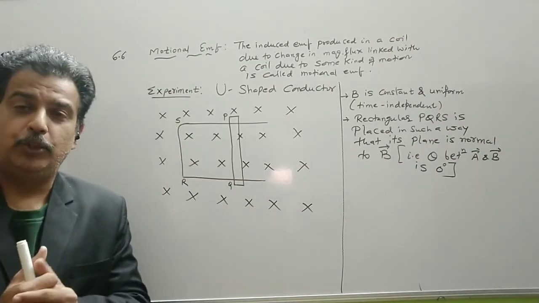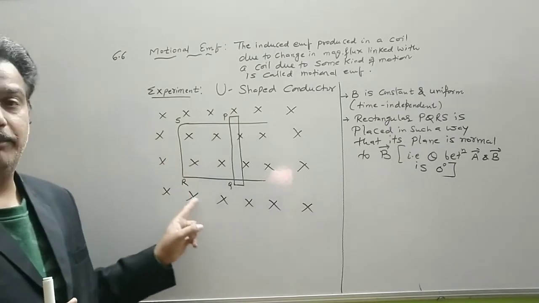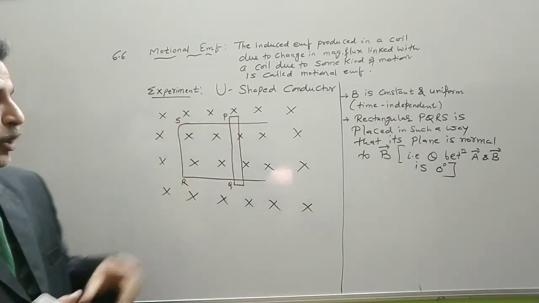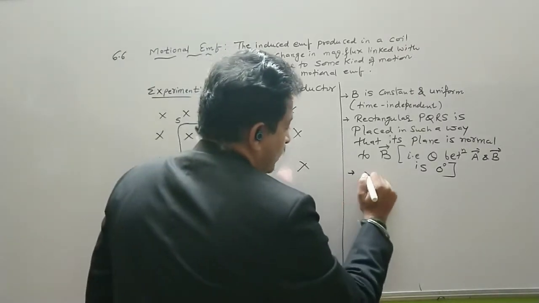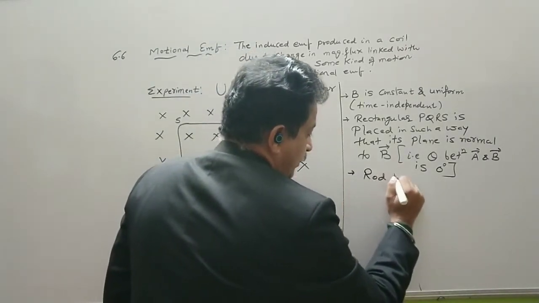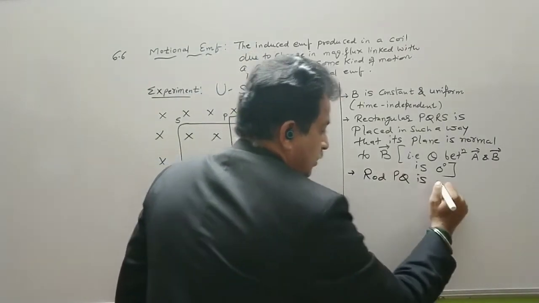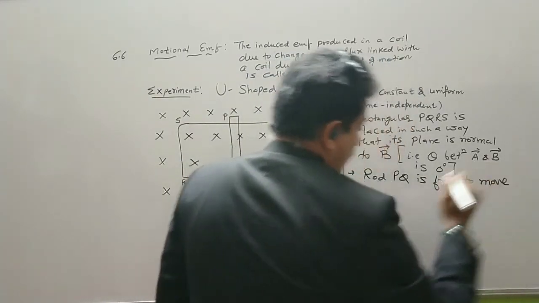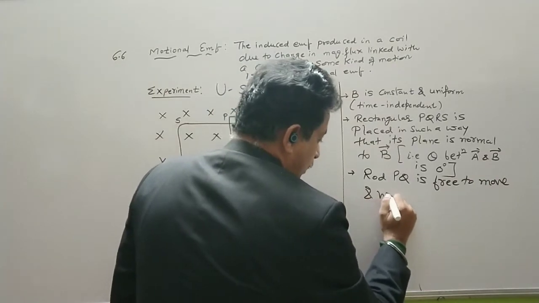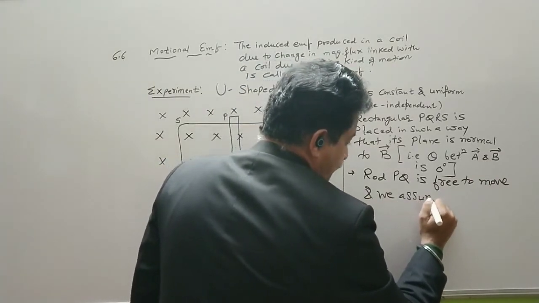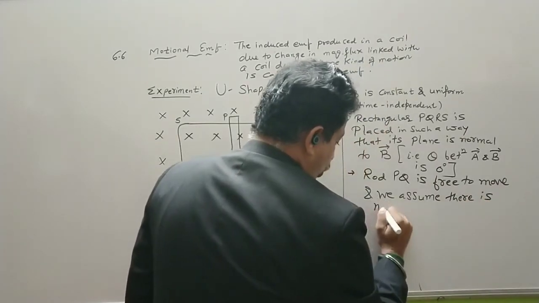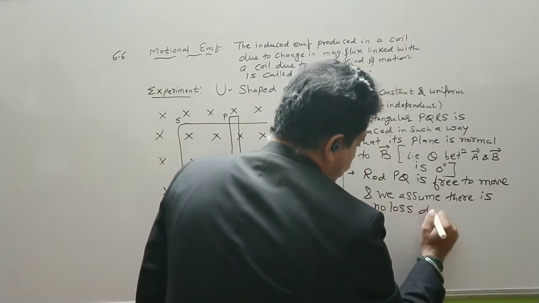You consider a U-shaped conductor or a frame on which a rod is free to move. So the rod PQ is free to move, and we assume there is no loss due to friction.